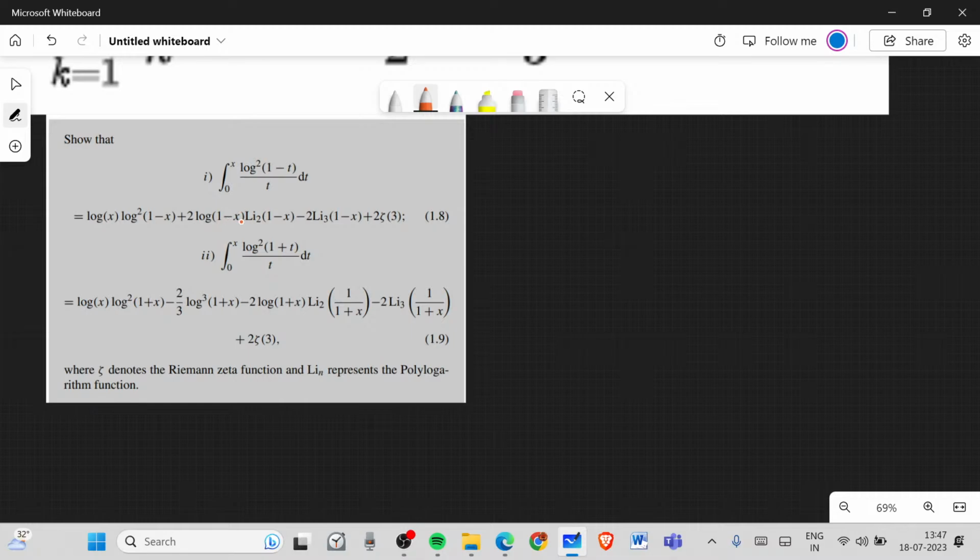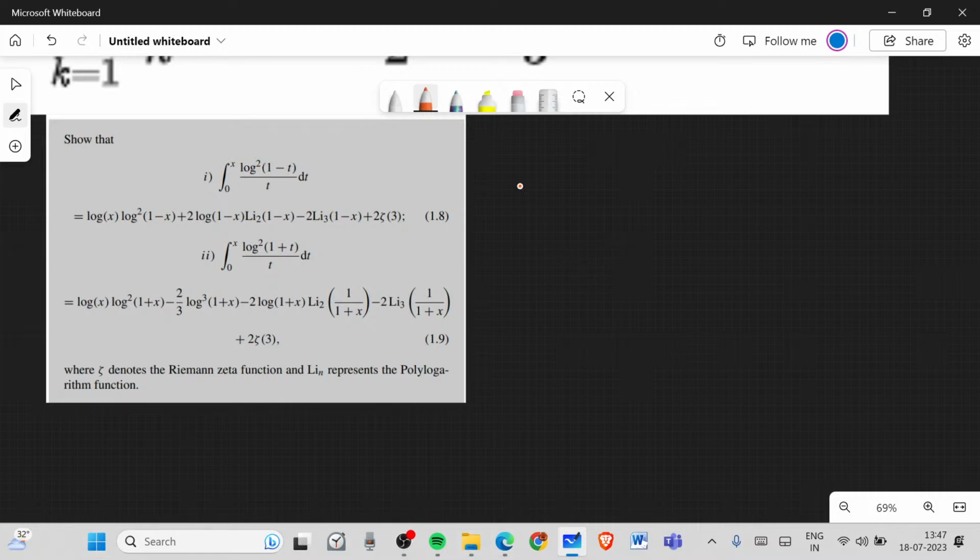One more thing, if I put 1 minus x over here, then 1 minus x over here, basically limits would be changed. I hope you are understanding what I'm trying to say. Basically I'm trying to make a transformation over here so that the limits become 1 minus x.